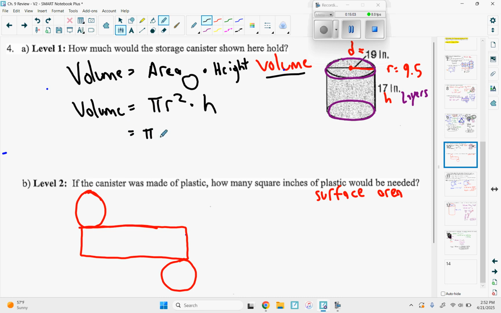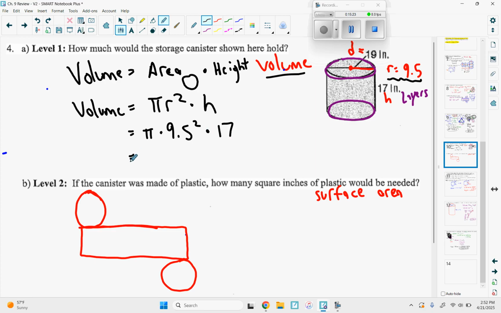So we got pi times, and I already did this, the diameter was 19 because it goes all the way across, but we want the radius in order to do our volume. So 9.5 squared times 17, our height.